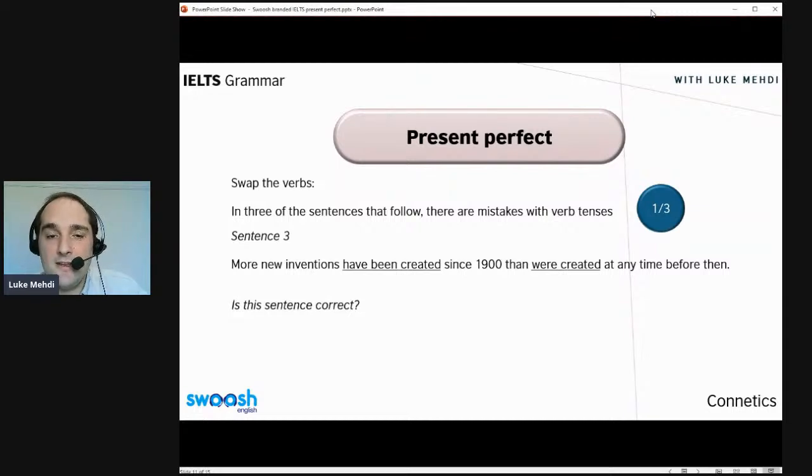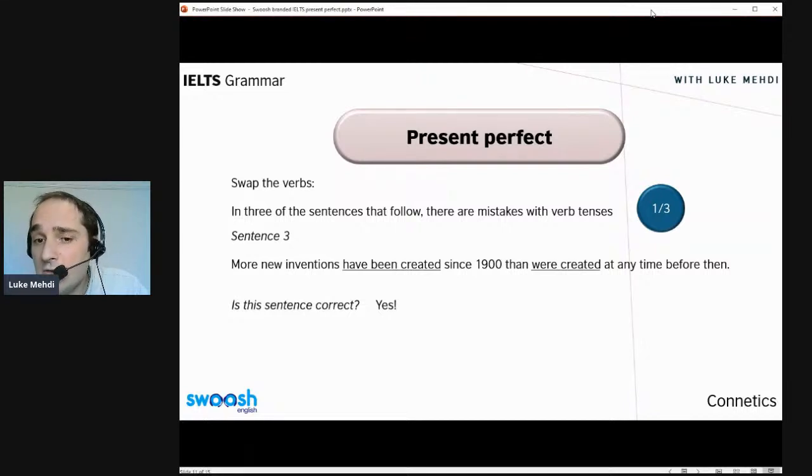This sentence is in fact correct. So we've got since 1900, the time starting in 1900 until the date today, have been created. Yes, that is correct use of the present perfect. Then were created at any time before then. That is also correct. Good, Josh. Yeah, well done, Josh.